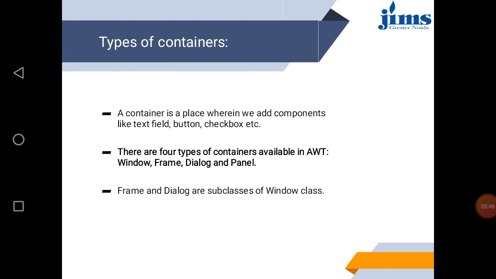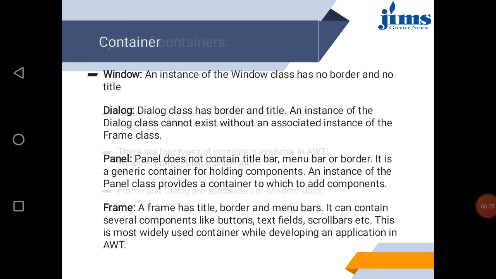The types of containers that we have discussed in AWT are basically window, frame, dialog, and panel. But in most cases, we use frame and panel while developing window applications. A window container, an instance of the Window class, has no border and no title.